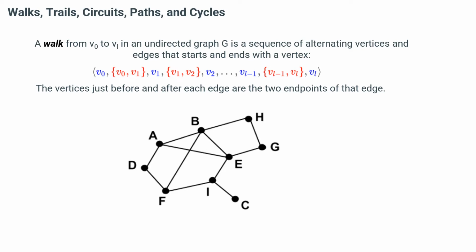Anytime we start at a vertex and use an edge to get to another vertex, then use another edge to get to another vertex, and so on, and we come up with a sequence like that, that would be called a walk. It's like we're walking along this graph from vertex to vertex, always on an edge. That's officially how we could define or denote a particular walk.